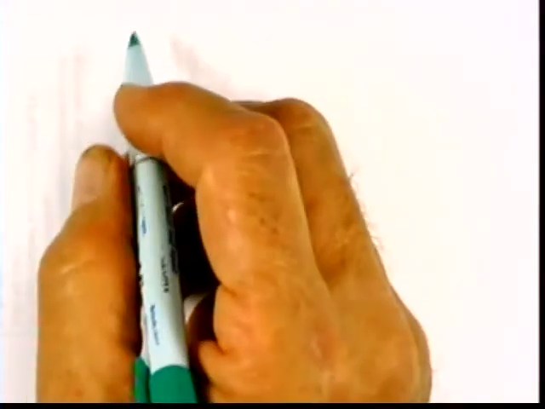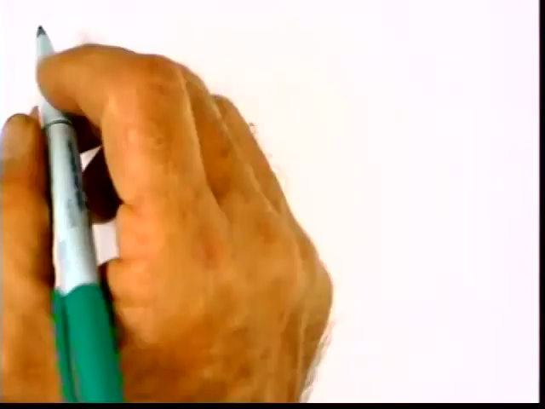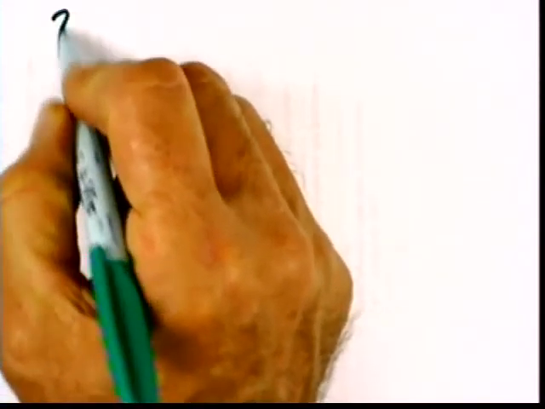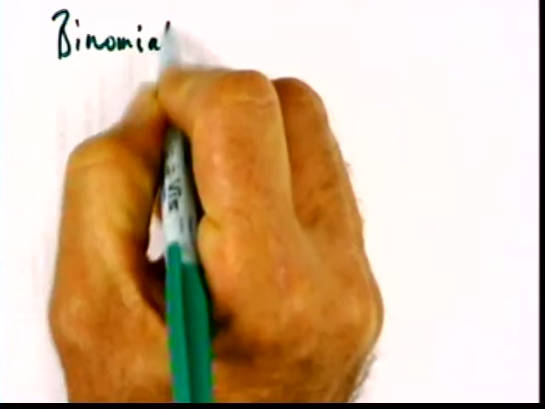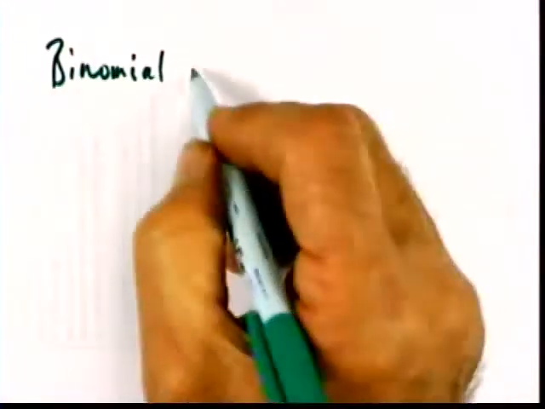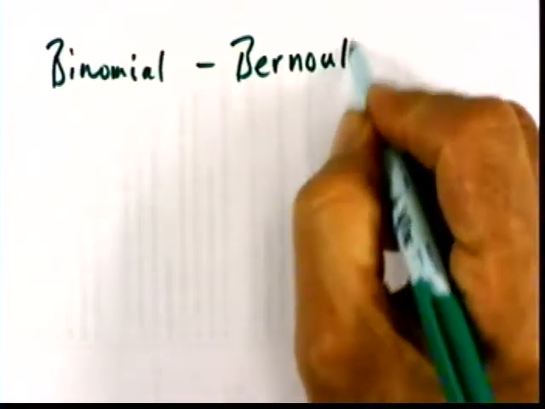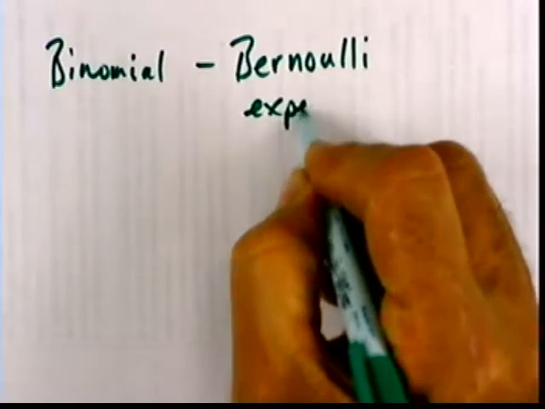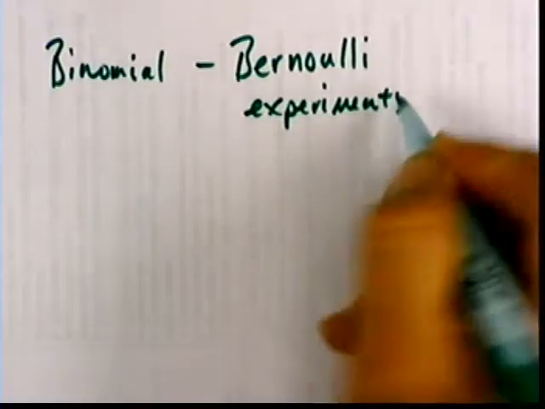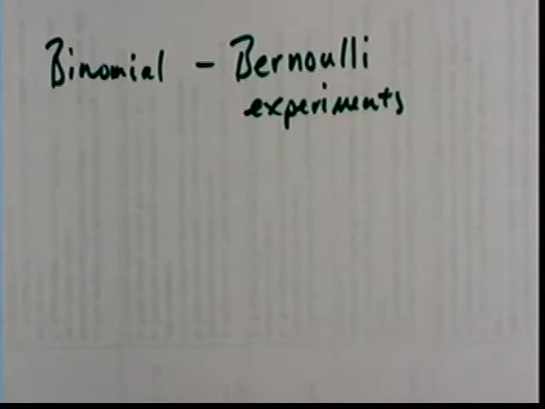First of all, as we use a probability distribution, we need to know that the binomial consists of a series of Bernoulli experiments. A Bernoulli experiment is a simple experiment that only has the possibility of two outcomes.